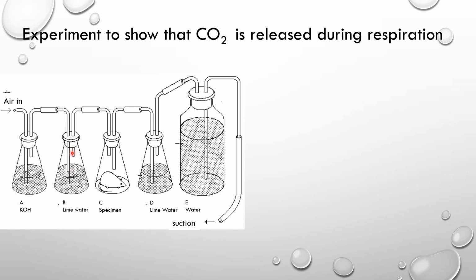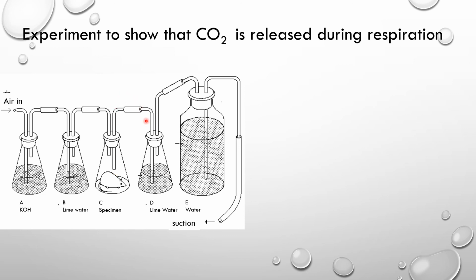So air free of carbon dioxide enters this bottle C that is containing the specimen. This organism inhaled the air in the bottle and it exhaled carbon dioxide into the bottle. So the air leaving this bottle again contains carbon dioxide, as this organism releases carbon dioxide by exhaling.